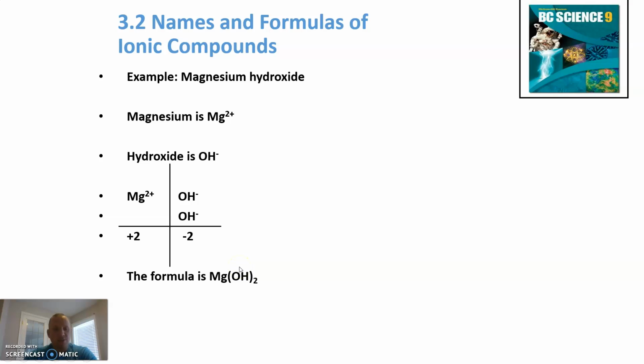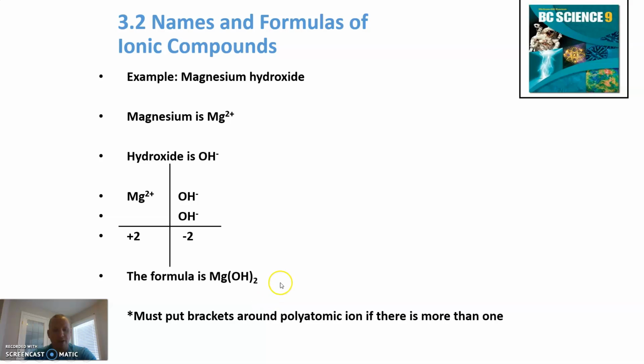The only thing different we have to do with polyatomic ions is, if we're adding a subscript to show there's 2 hydroxides, we have to put brackets around it. If we didn't put brackets, if it was MgOH2, that 2 would just mean there's 2 hydrogens and only 1 oxygen. Because we have the brackets, we show that there's 2 hydroxides. There's 2 oxygens, 2 hydrogens.